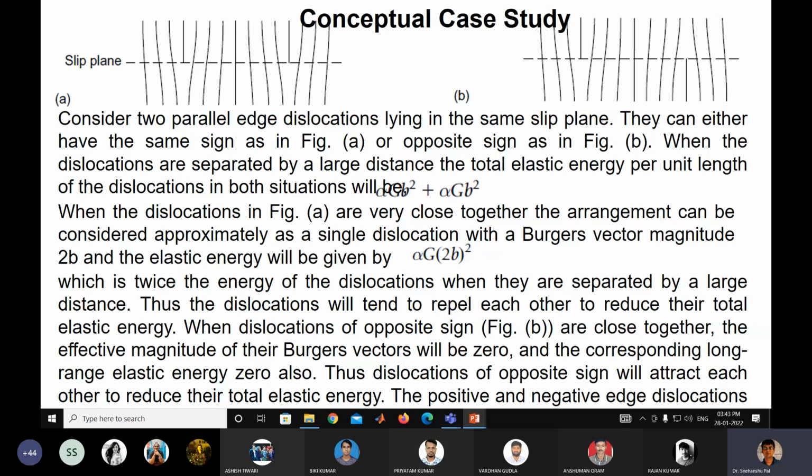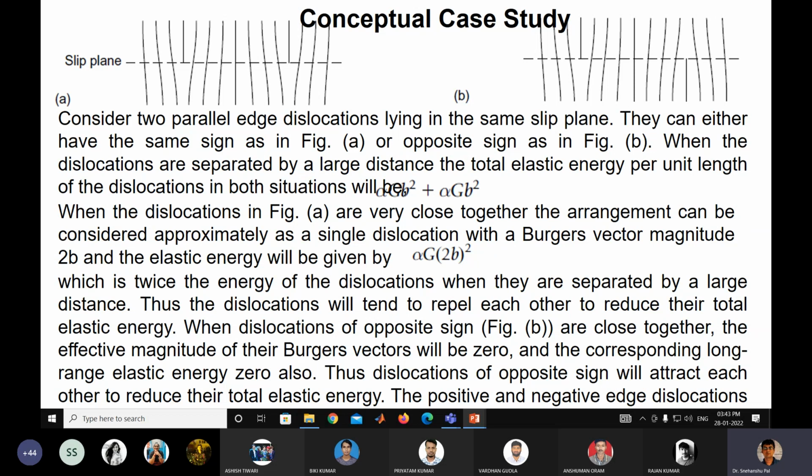So what we understand is that if dislocations are placed very close together, their elastic energy will be much higher than when they are placed a larger distance apart. Thus the dislocations will tend to repel each other to reduce their total elastic energy.